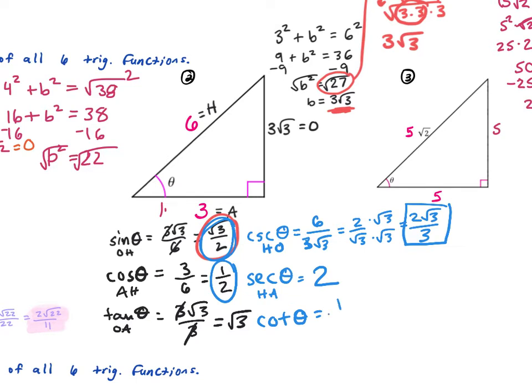So it would be 1 over square root 3. Can we leave our answer like this? Have to rationalize. So multiply the top and the bottom by square root 3. And what do we get? Square root of 3 over 3. Perfect.